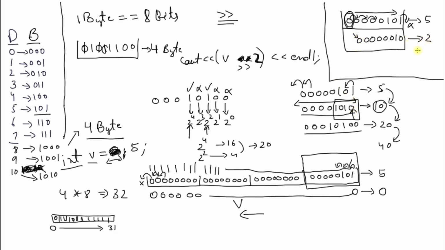And if you again right shift it, it will be 0 0 0 0 0 0 0 1, one more right shift on this 2. So this is going to represent 1 here.